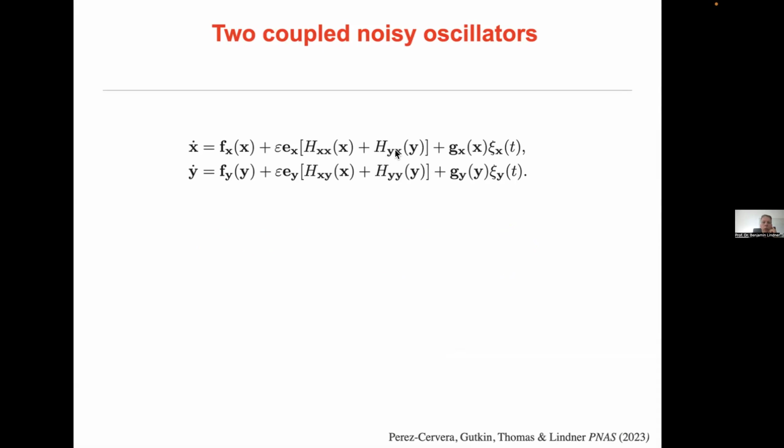But there are also coupling terms here. In particular, this here is the effect of oscillator Y on oscillator X. This is the effect of oscillator X on oscillator Y. And we have also, just for symmetry reasons, self-coupling terms in there that we could also include in the drift, but we keep them here for certain reasons. And then the system is perturbed by noise again.